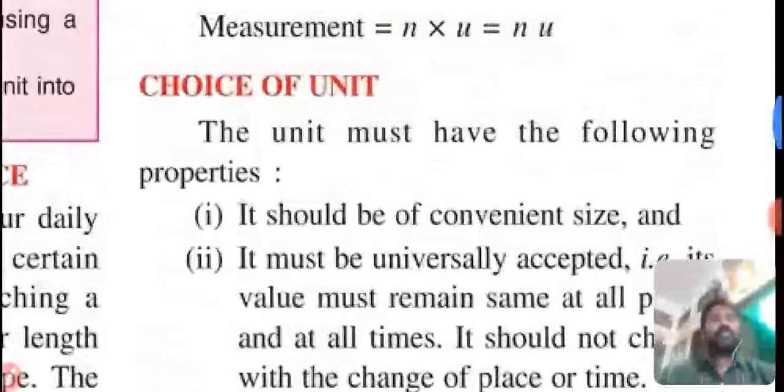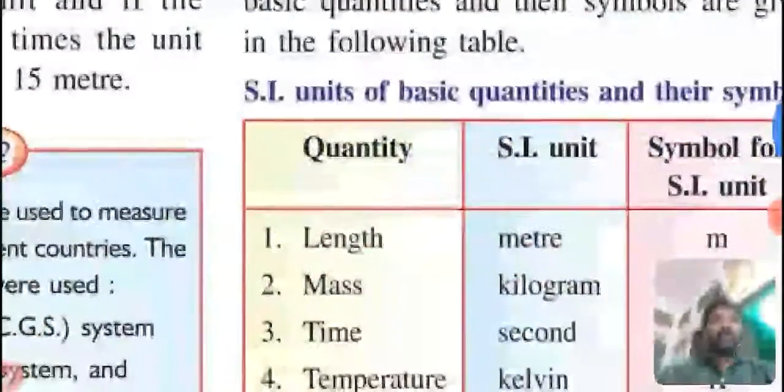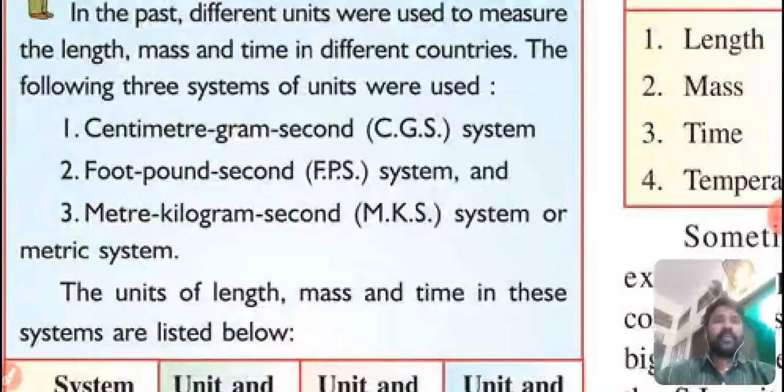Then we discussed the choice of unit and definitions. Then we discussed centimeter, gram, second, CGS, foot, pound, second, FPS, and meter, kilogram, second, MKS system. Simple points we have discussed today. You just go through it. If you have any doubt, you can ask me. Okay, students?